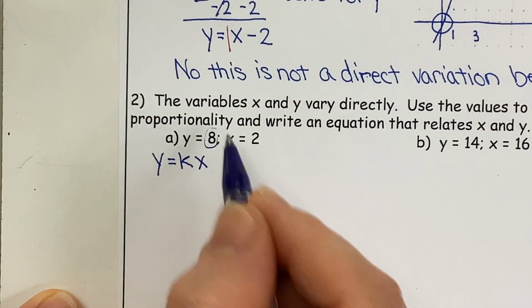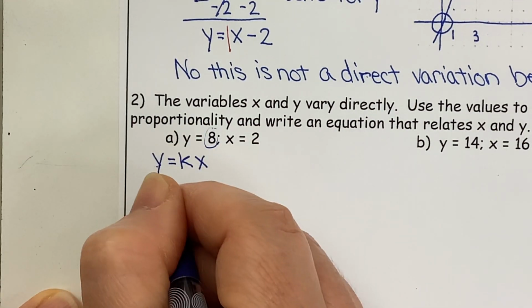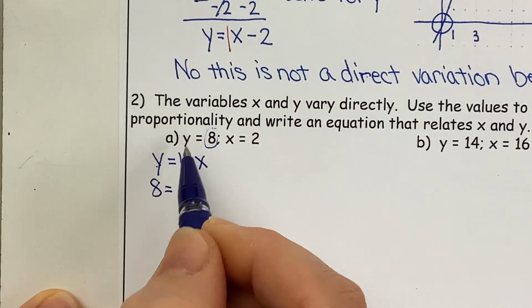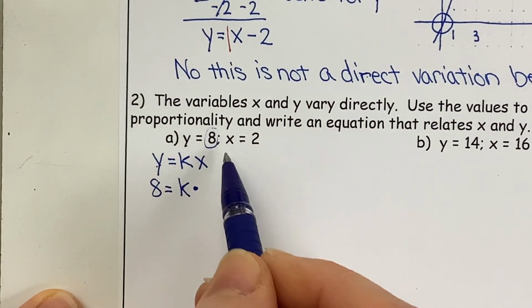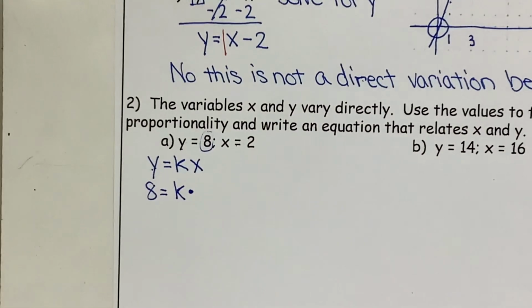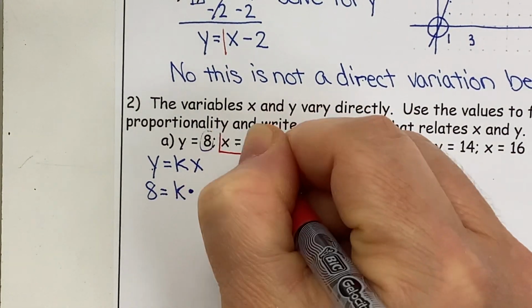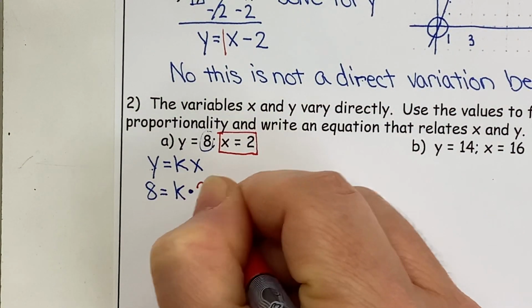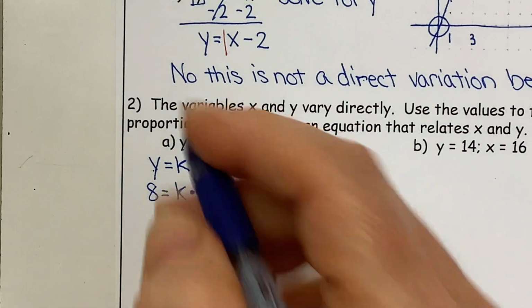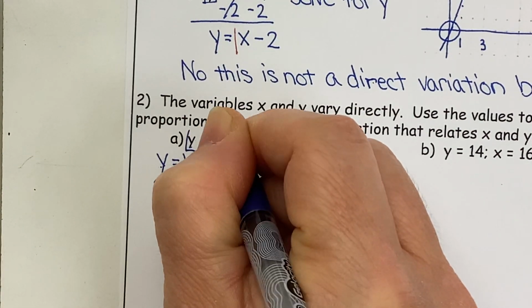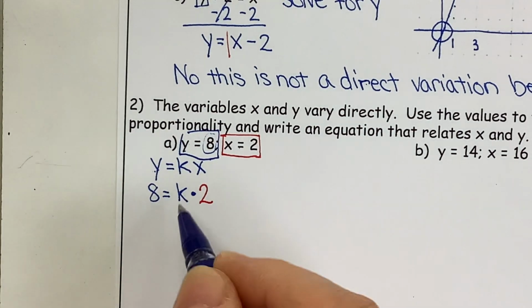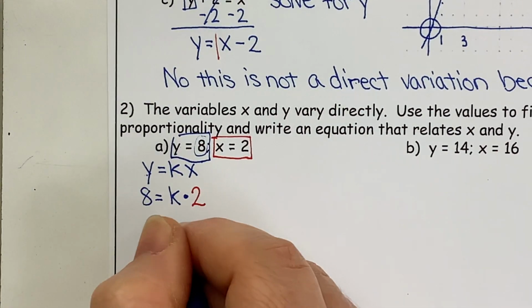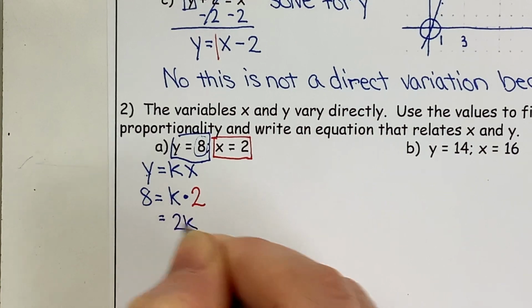We're going to plug this y in. So we have y is 8. We're going to plug it in for the y. We don't know our k value. And we're going to plug in our x is 2. So our x value is going to be 2, and we plug that in for x, where we plugged in y equals 8 for the other one. Now, k times 2, or 2k, right? You can rewrite it if you need to.